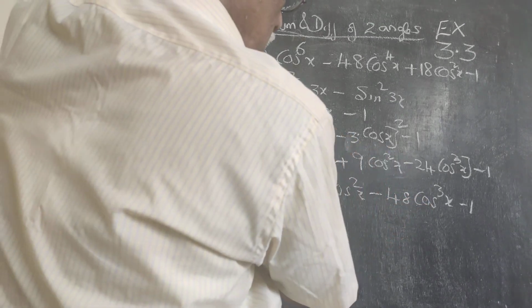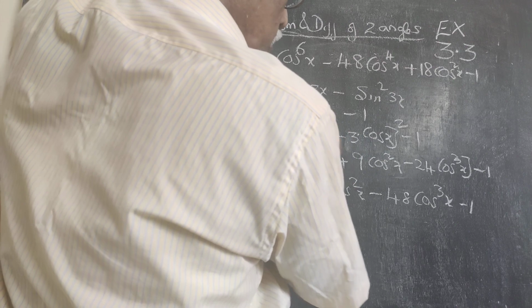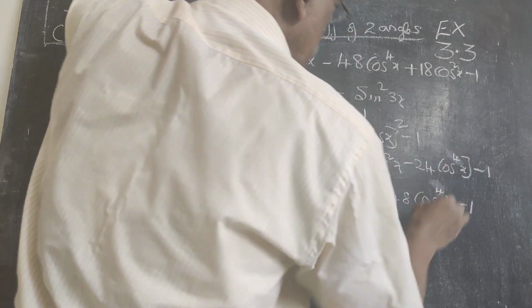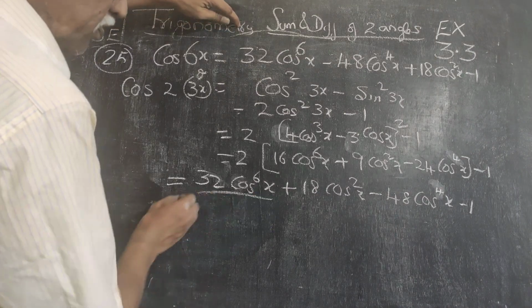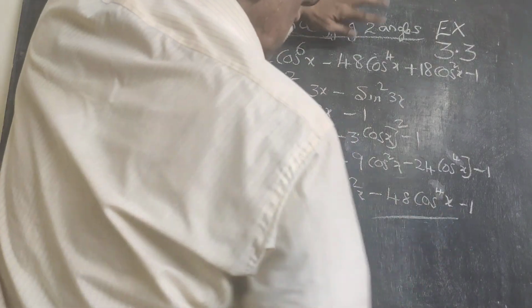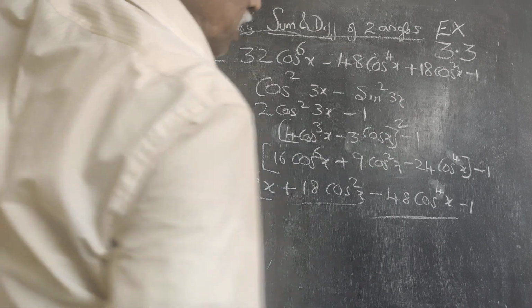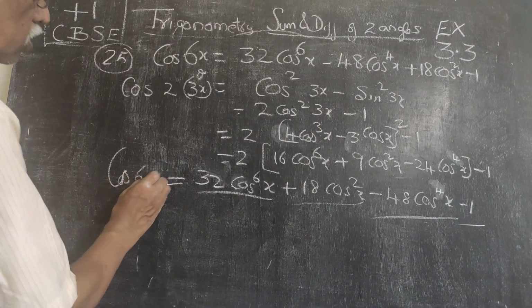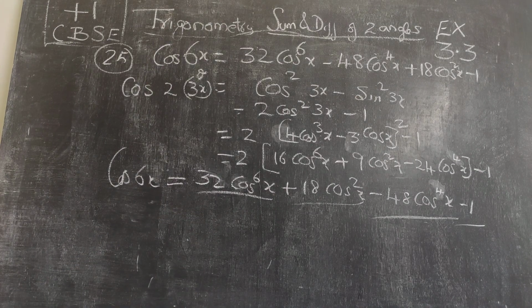Yes, the 2ab term, 2 into 4 into this cos cube into cos, therefore it should be cos power 4. So 32 cos power 6 we got it, minus 48 cos power 4 we got it, 18 cos square x we got it, and minus 1 we got it, and this side we have cos 6x. So we have solved the problem.